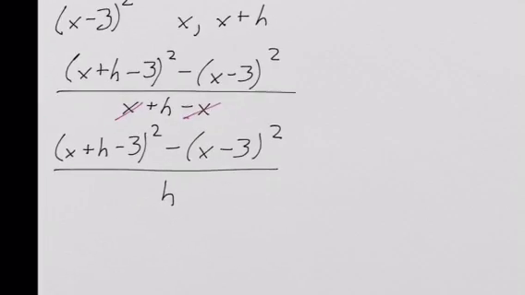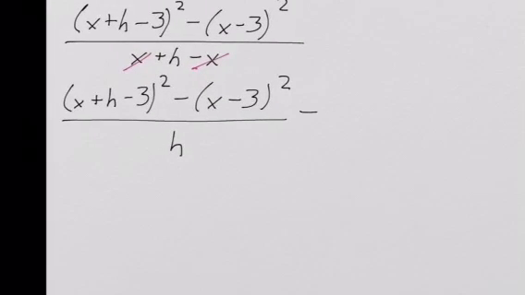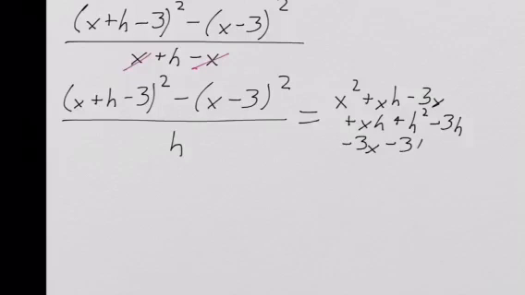So I can now simplify all that, which is going to give me x squared plus xh minus 3x plus xh plus h squared minus 3h minus 3x minus 3h plus 9, and then we'll square the x minus 3.